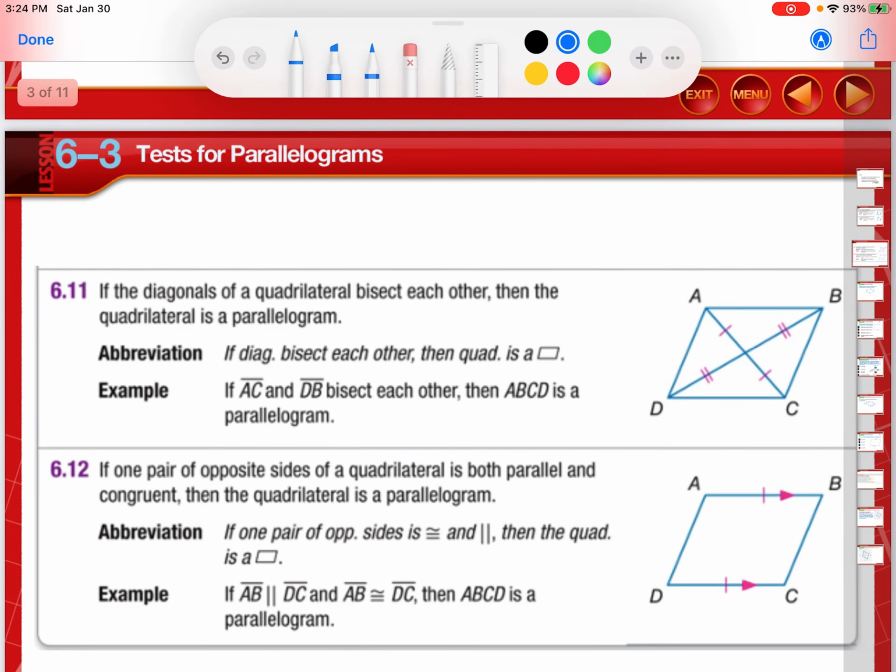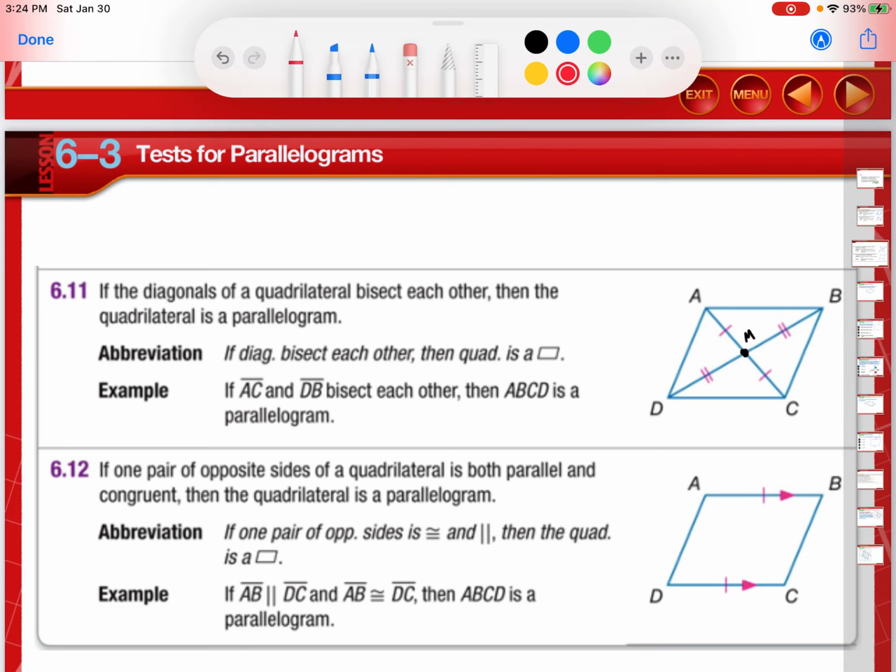All right, the other way: if the diagonals of a quadrilateral bisect each other, then the quadrilateral is a parallelogram. First things first, I'm just going to call this middle point M for middle.